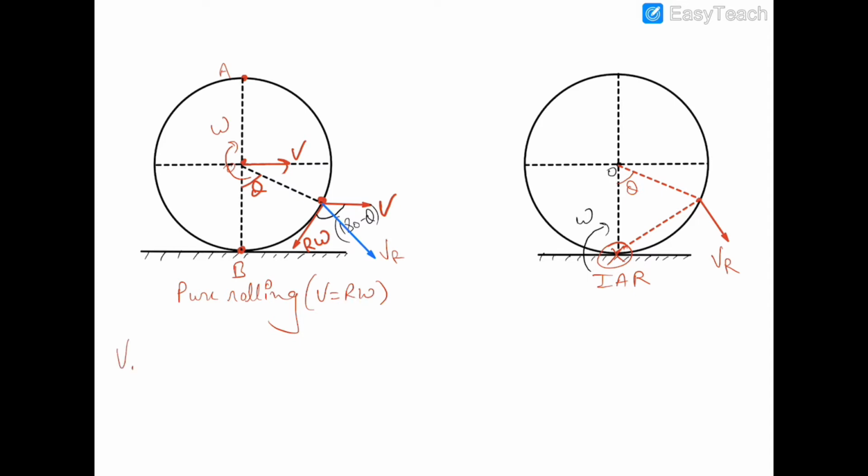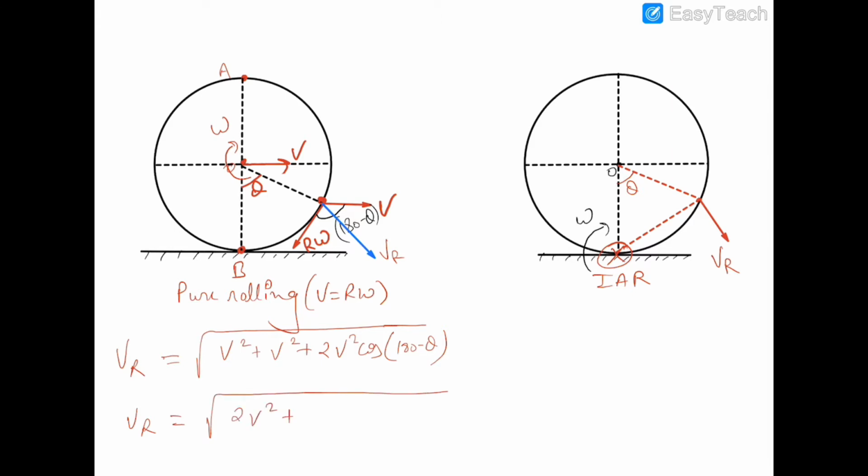So the resultant velocity V will be equal to under root of V square plus V square plus 2V square cos 180 minus theta, and the resultant will be equal to under root of 2V square minus 2V square cos theta, because cos 180 minus theta is equal to minus cos theta.